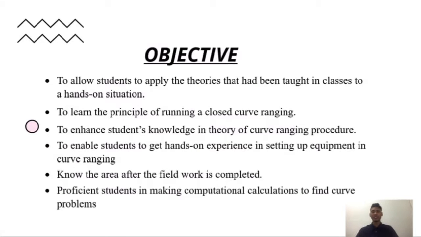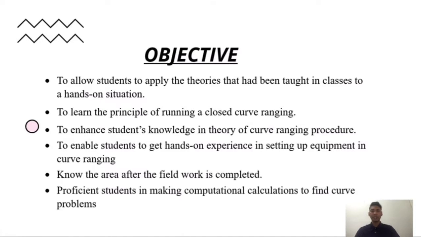So for the objectives, number one is to allow students to apply the theories that have been taught in classes to a hands-on situation. Number two, to learn the principle of running a closed curve ranging. Number three, to ensure students know the theory of curve ranging procedure.